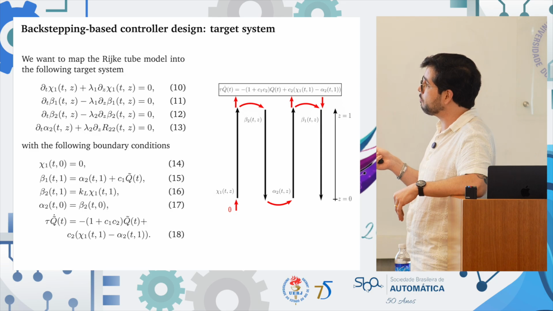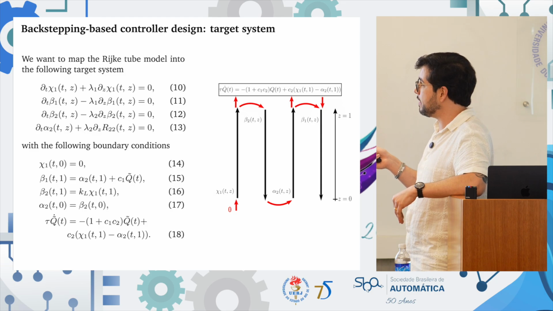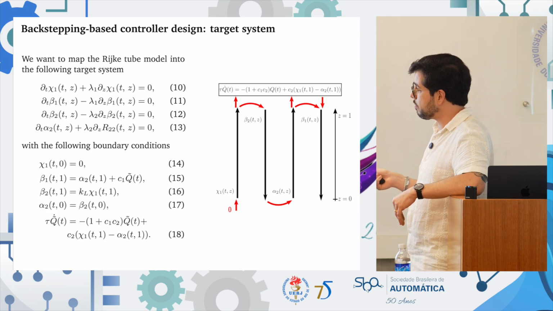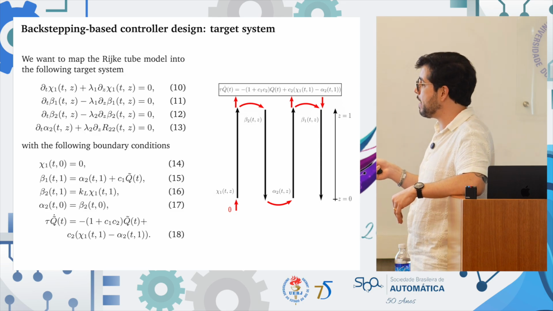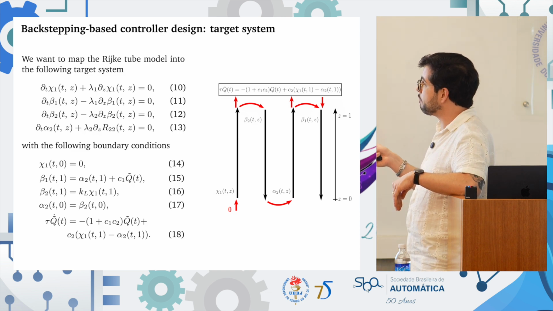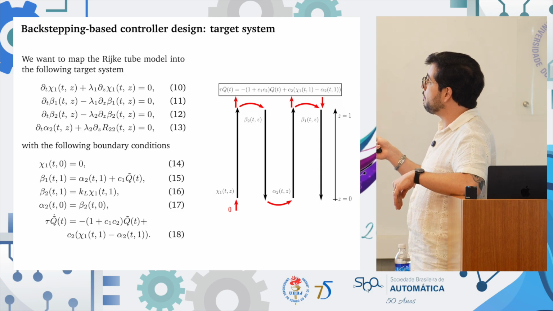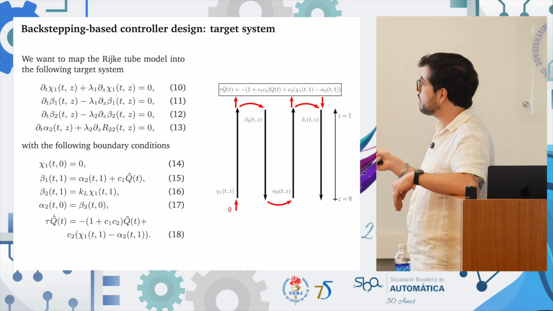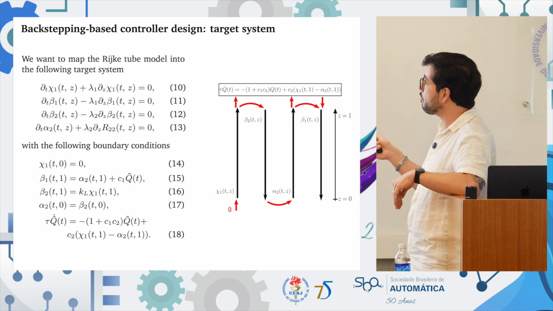Then this information equal to 0 is reflected to the other state and transported. So this other state will be 0 in finite time too. This cascade structure makes these states become 0 in finite time in a cascade form. So this other term, alpha 2, will be 0 in finite time. And when this state is equal to 0, both of these terms are already 0.